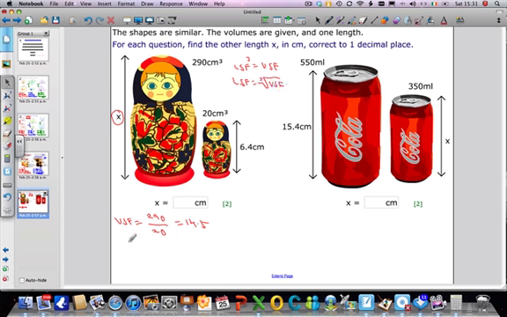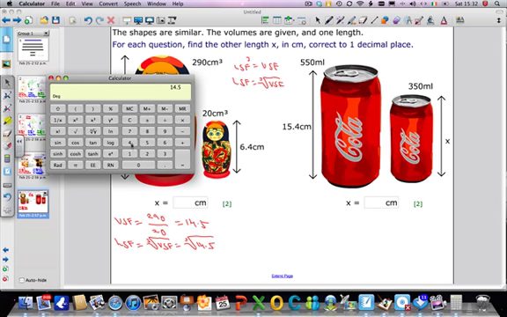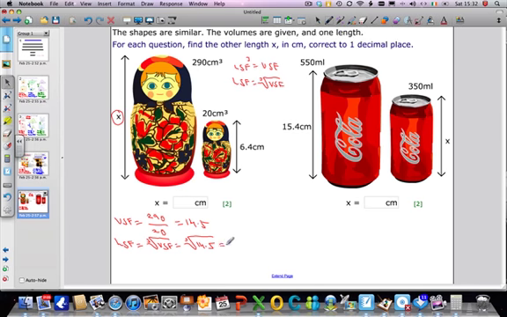So I need to take the cube root of 14.5, which is 2.44. I'm going to round to 2 decimal places here. The linear scale factor is 2.44.